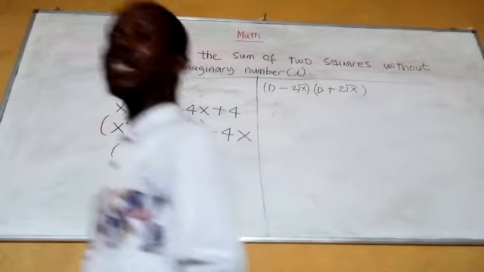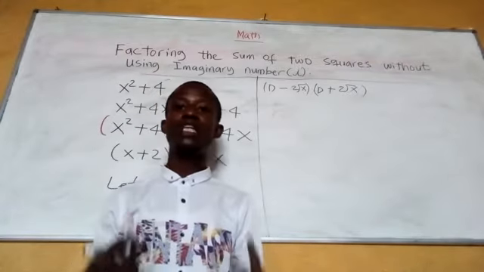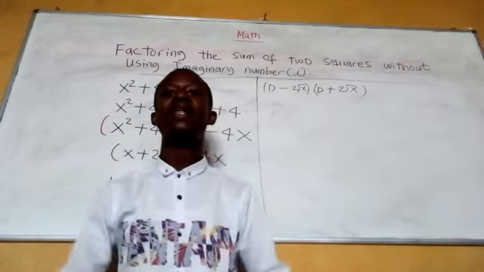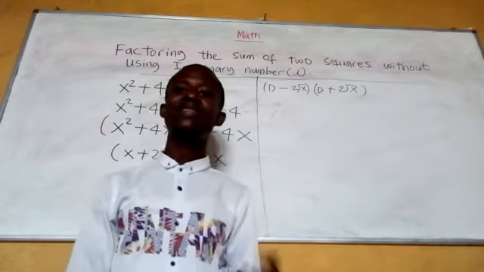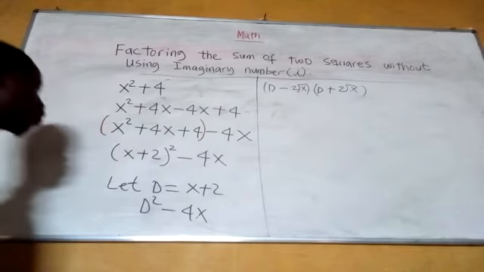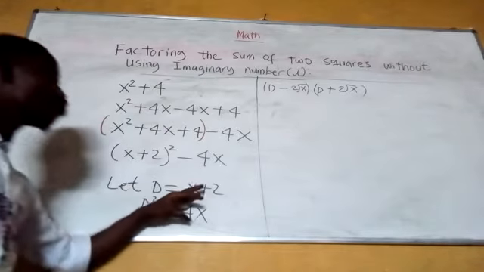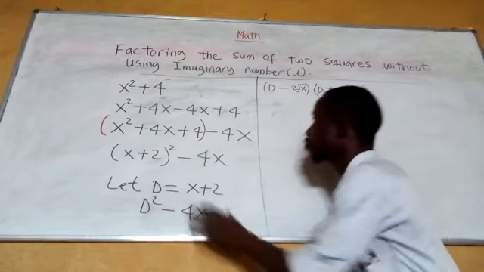But d was not in our original problem. d was only a substitution for an expression, so we need to replace d by the original expression. d is equal to x plus 2. Where we see d, we replace d by x plus 2.